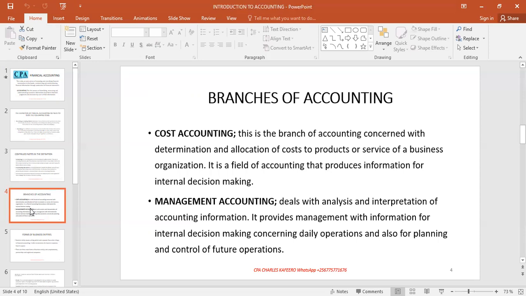If you want to know how much I spent on producing those goods, the cost accountant will be in charge of determining the raw materials we've used, the labor, the direct expenses, and other production costs that have been incurred in the production of those goods. So the cost accountant is only there to provide information regarding costs.